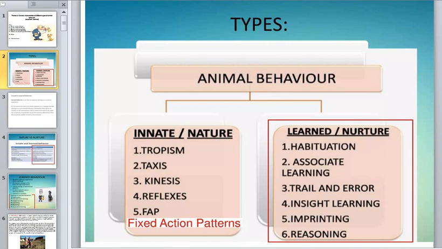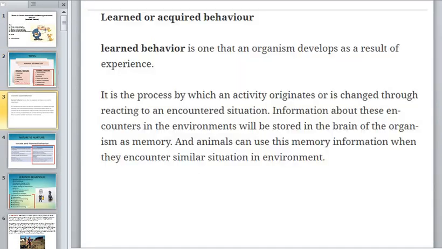And here we see some types of learned behavior, and sometimes we have these two types in general. We have already discussed this table in the previous classes, and now we will consider acquired learned behavior in more details, and what is this learned behavior, and especially acquired.